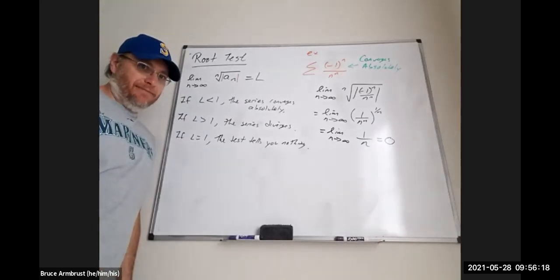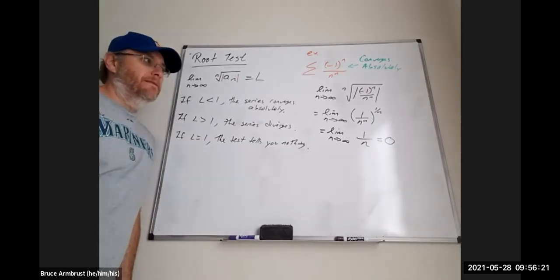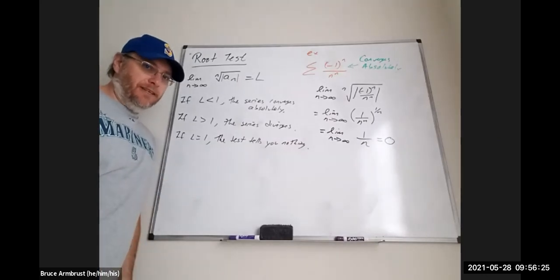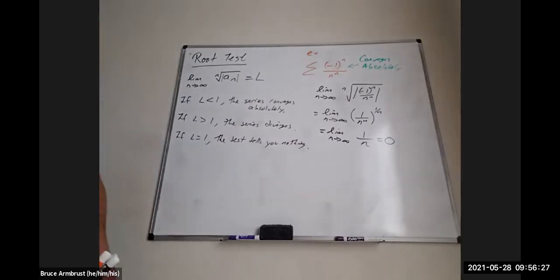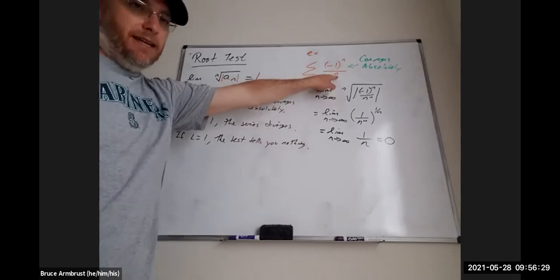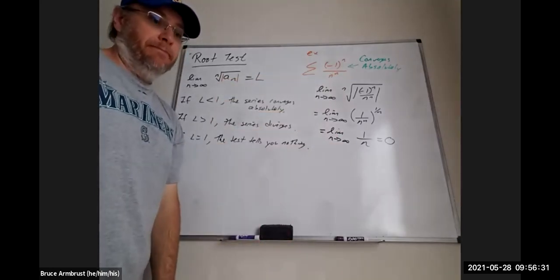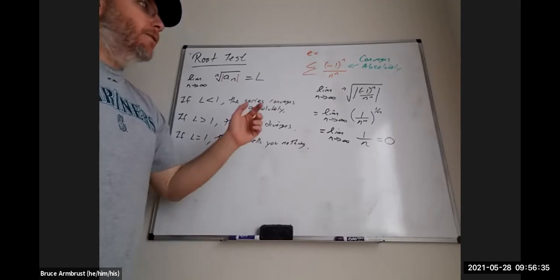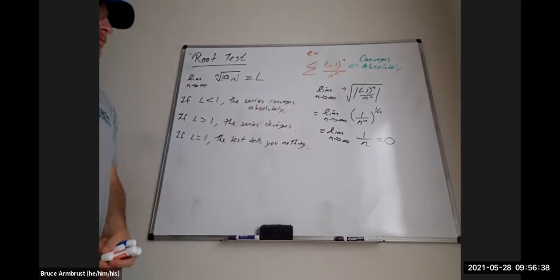Fast and easy. So here's the deal. The reason that the root test was nice here is that the nth root canceled out that nth power. So this is why when you have something raised to the n, using the root test can actually be pretty quick.